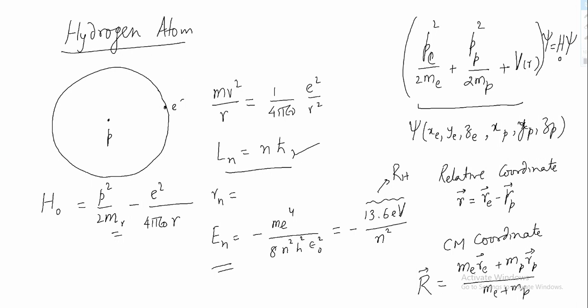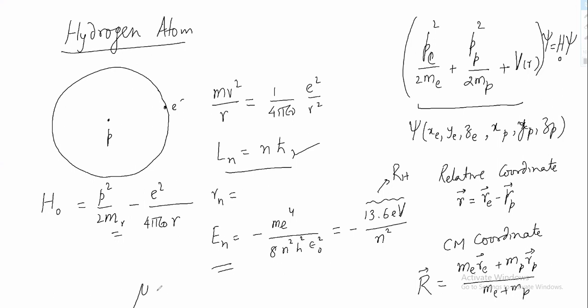If I am defining the position coordinates by r_e and r_p, then the center of mass coordinate will be m_e r_e plus m_p r_p upon m_e plus m_p. Then what happens when we introduce the relative coordinate and center of mass coordinate?